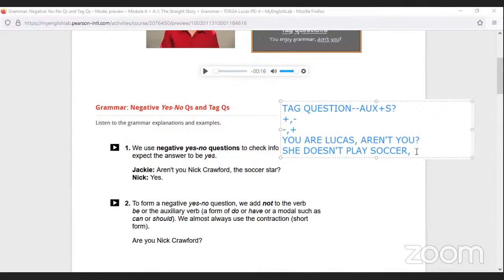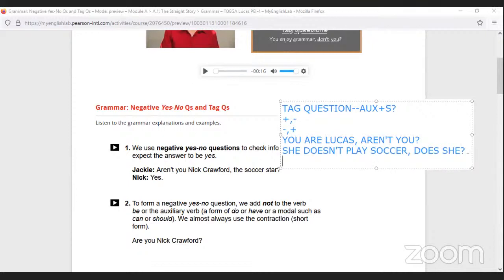Does she? Exactly. Does she, right? Perfect, very good. So she doesn't play soccer, as the auxiliary here is negative, here it is going to be positive: does she, the same subject. So this is the tag question.